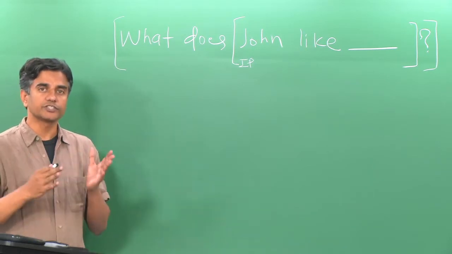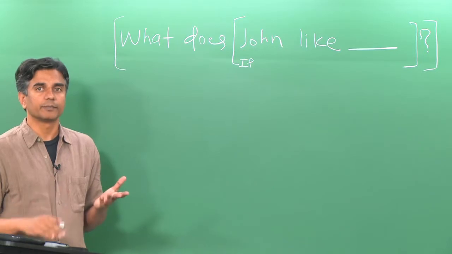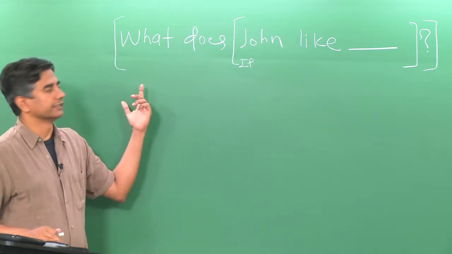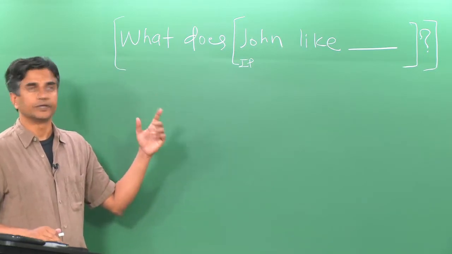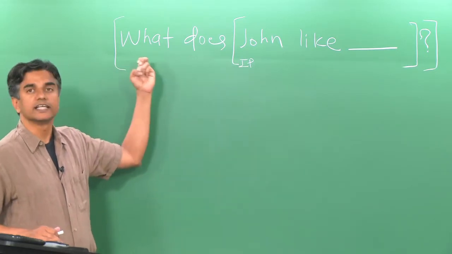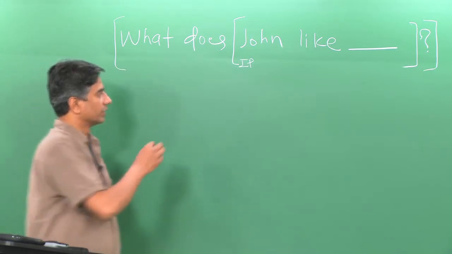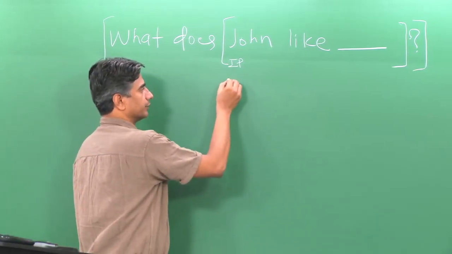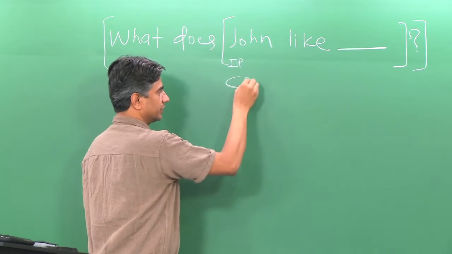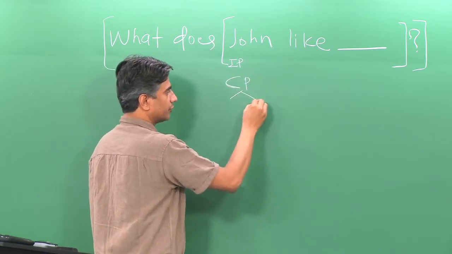The structure of IPs does not help us explain this sentence, because we see some of the elements outside IP. So this is how it works. Let me do this first, and then I'll explain it to you.